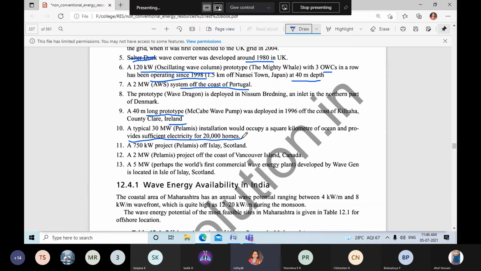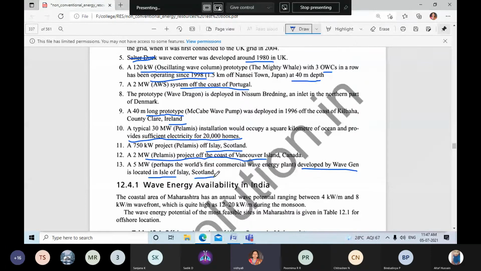A 750 kilowatt project is in Scotland, a 2 megawatt project is off the coast of Vancouver Island, Canada, and next, a 5 megawatt project developed by Wavegen is located in Islay, Scotland. These are the installations.